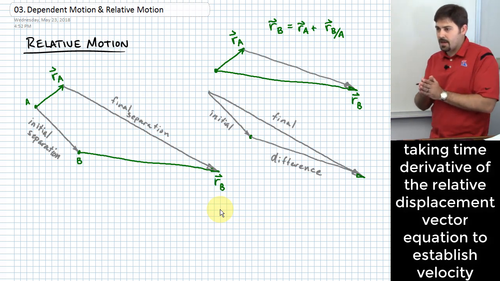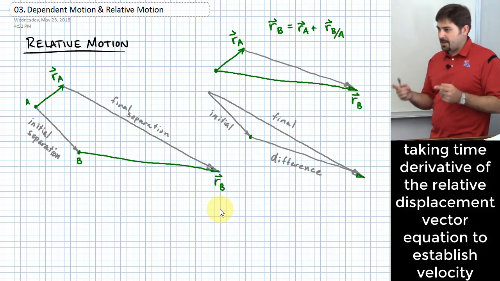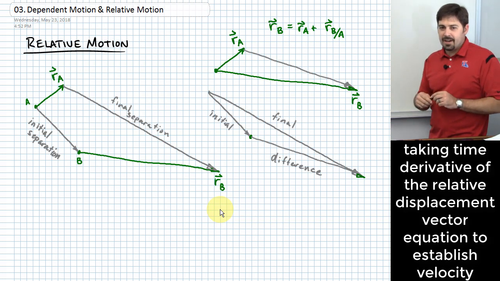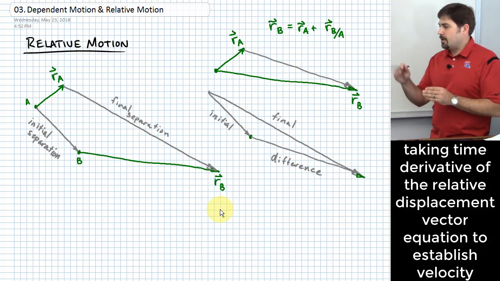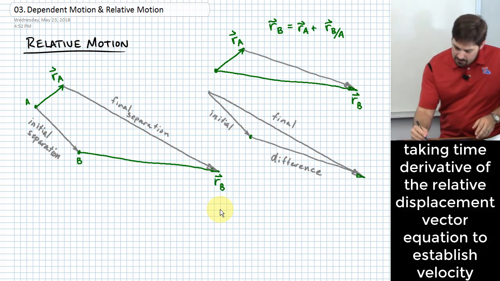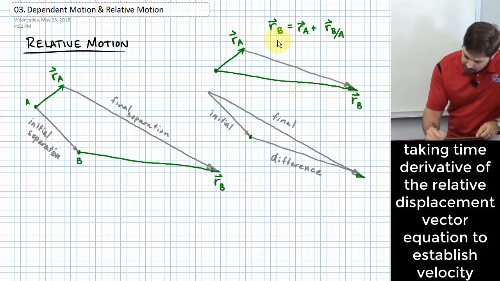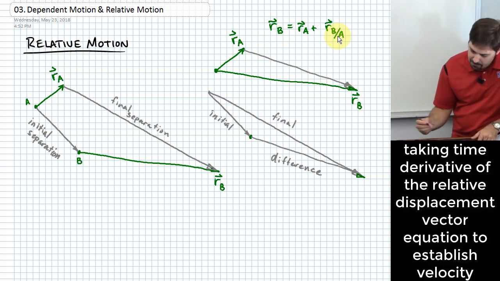And if it's not rotating, then your unit vectors do not rotate, and we don't get into the interesting calculus that we had to do last time. If the unit vectors aren't rotating and accelerating, then you can basically ignore those unit vectors. So what you're going to do with this construction, R_B is equal to R_A plus R of B relative to A, is just take the time derivative.